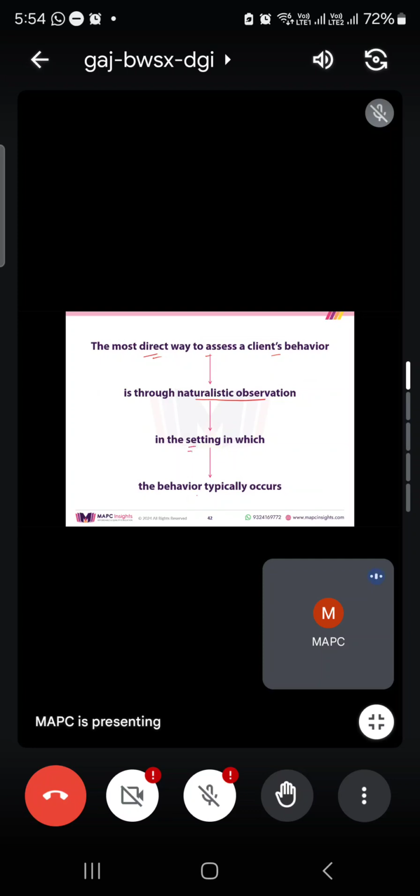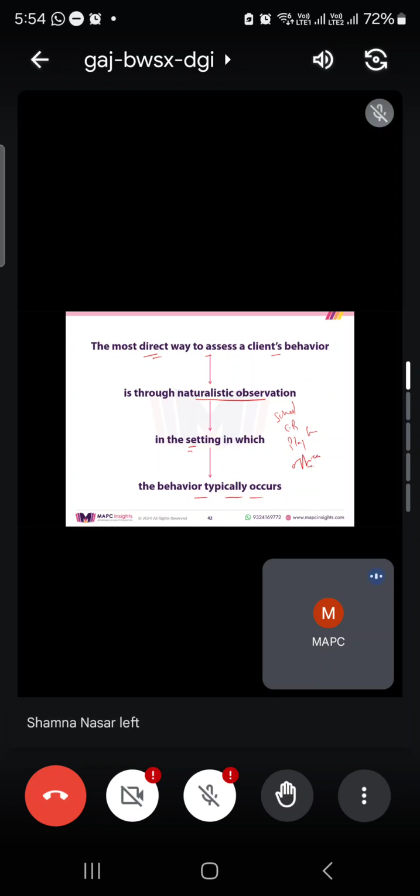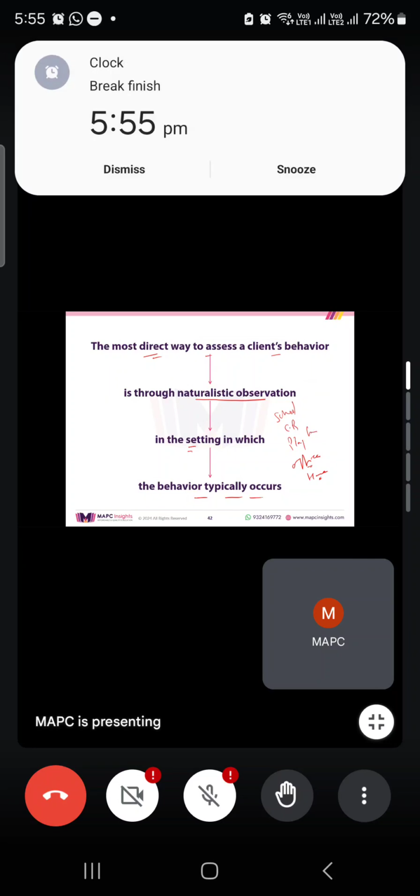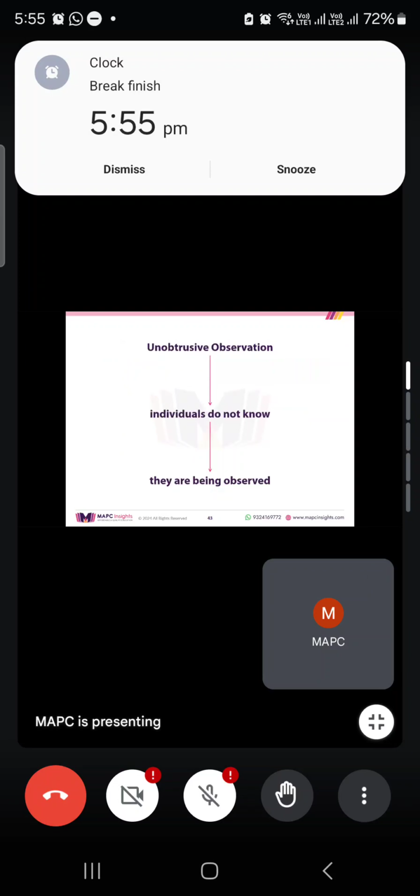This is the setting in which behavior typically occurs. Naturalistic observation in a school, classroom, playground, office, home. That's our natural setting. And how we behave in our natural setting, that is done through naturalistic observation.